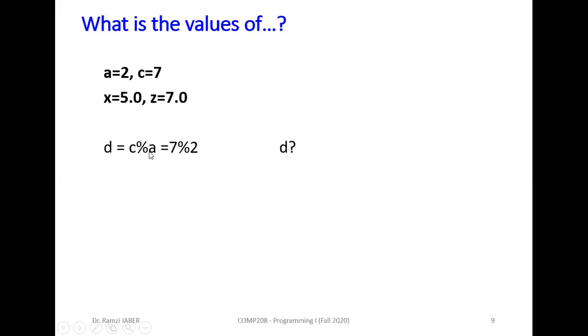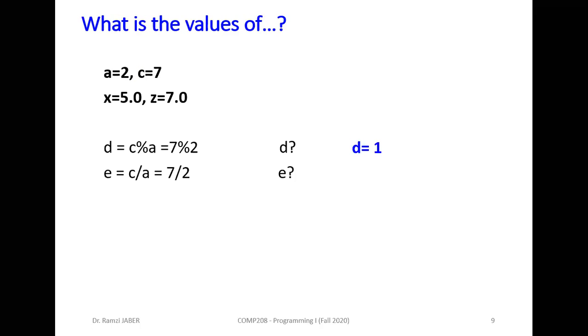C modulus A means 7 modulus 2, which gives us the remainder part. What is the number? 7 divided by 2, the remainder is 1. Good.